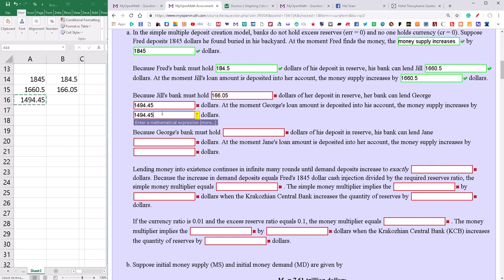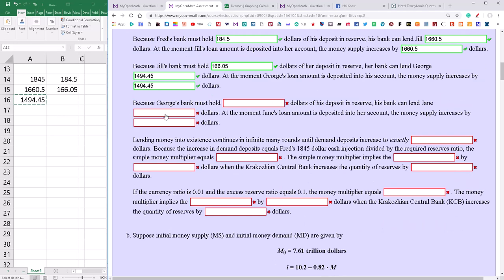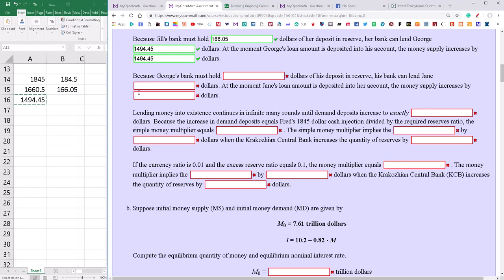The money supply increases by that same amount. Okay. Now George's bank, after this deposit is made, must hold 10%. Let me round that using Excel.